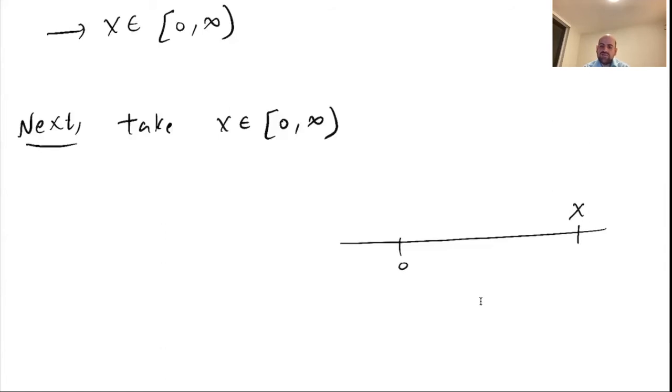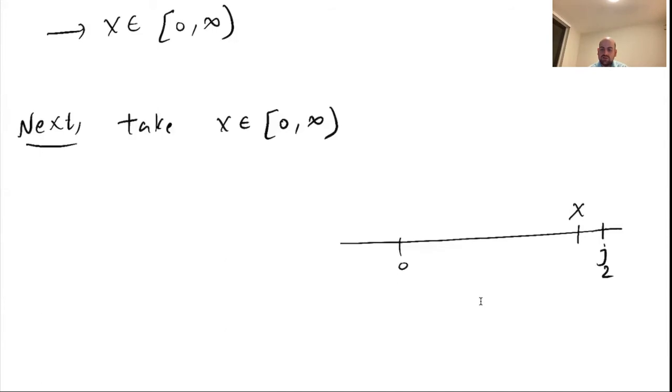Remember, A_I is the interval from 0 to I. So once I find an integer I which is bigger than x, then 0 to I will include x. So let me say, for example, J2 bigger than x.